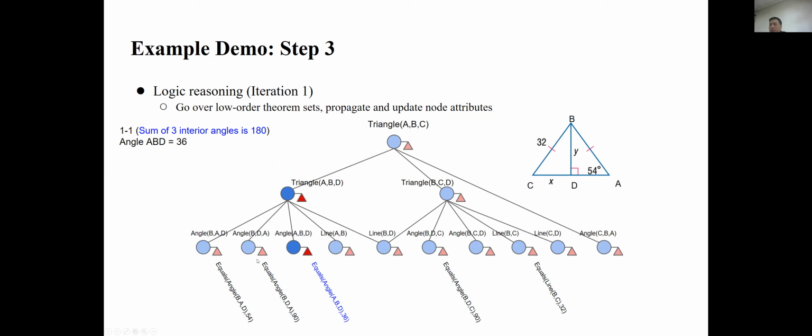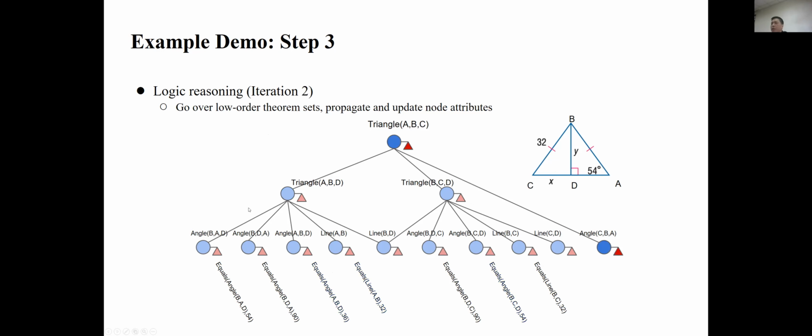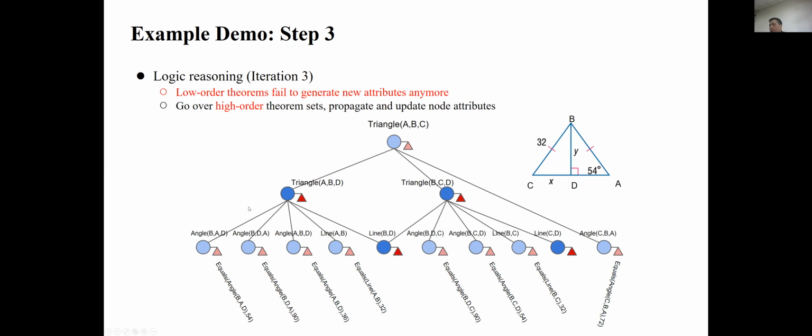Then you can propagate these attributes up and down. For example, this line AB will equal 32, and this angle equal to 45. So this is how you propagate the attributes up and down in this path graph. Based on that, you do the second level of parsing, keep propagating the attributes, and then it gives you the final answer.